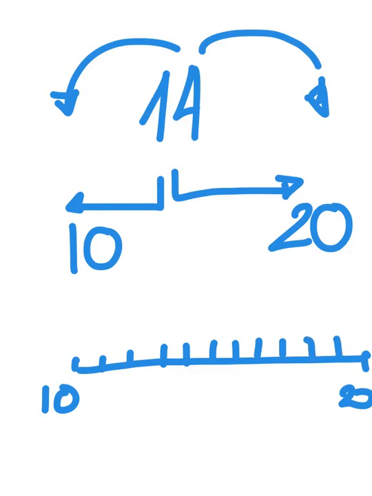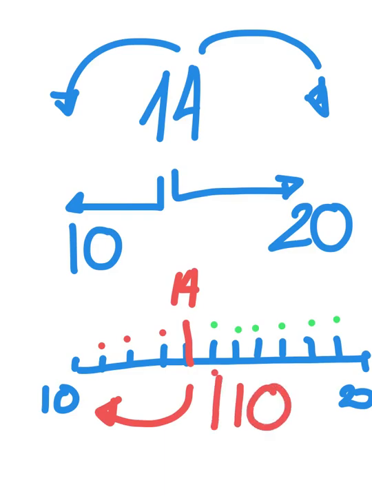Number 14 is right here. We have 3 numbers from this side, and 6 numbers from the other. 14 is closer to 10. So if we round 14 to the closest 10, we will say that it is 10. Okay?